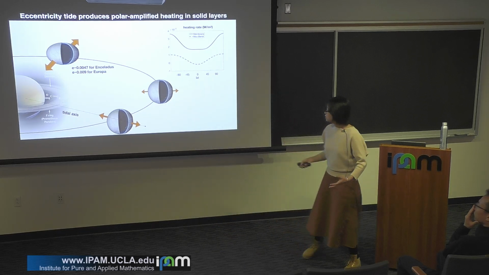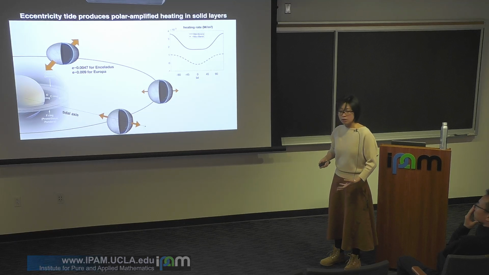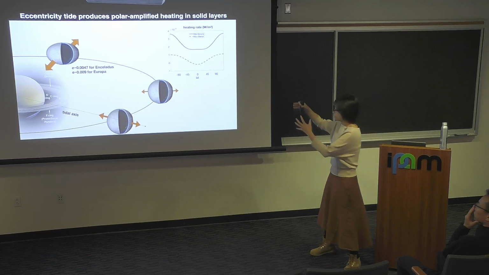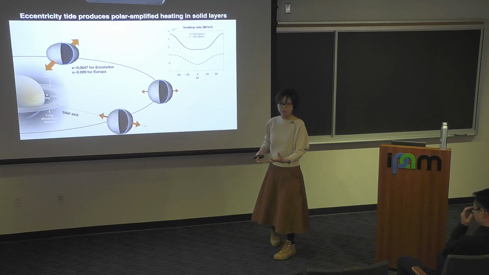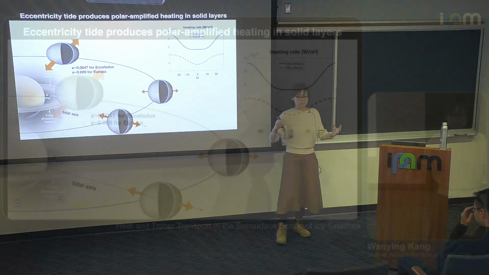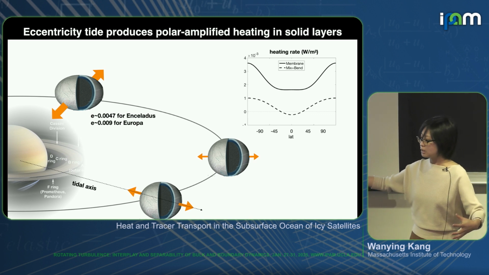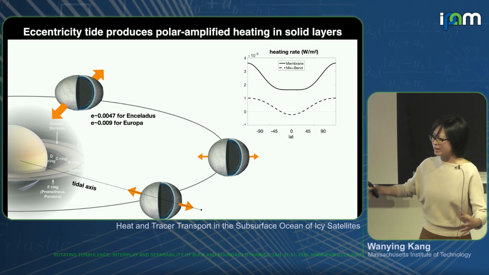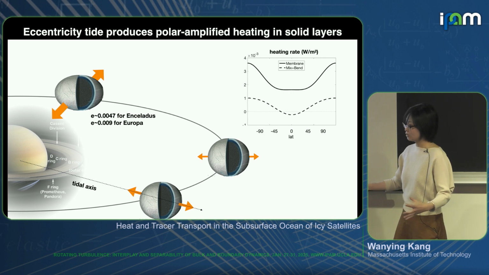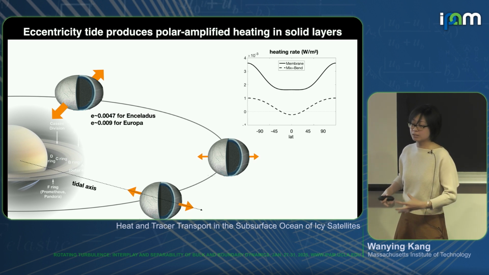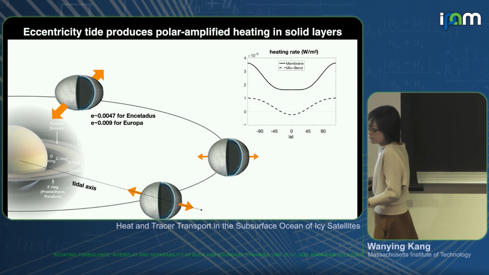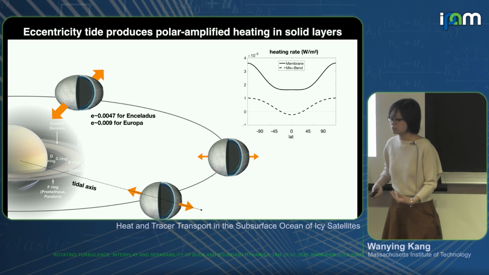But on top of that, you can also generate heat in the solid layers, which means the ice shell and the silicate core. If you just imagine that all the liquid and solid layers are more or less moving at the same speed or have the same amount of displacement, then you're probably going to generate more heat in the solid layers than in the liquid layers.